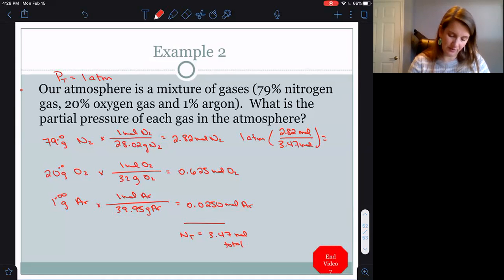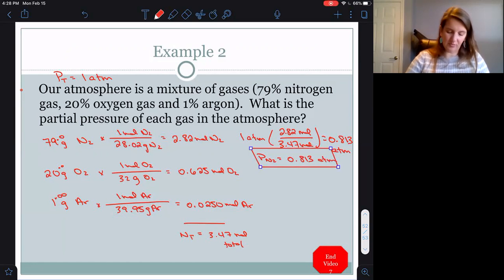And that gives me 0.813 atmospheres. That's my partial pressure of the nitrogen. I'm going to write it down here.